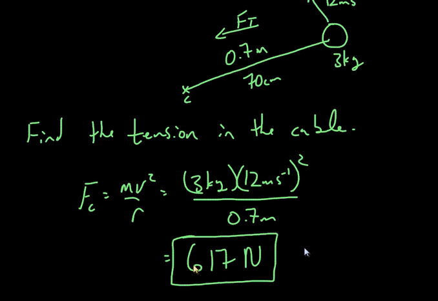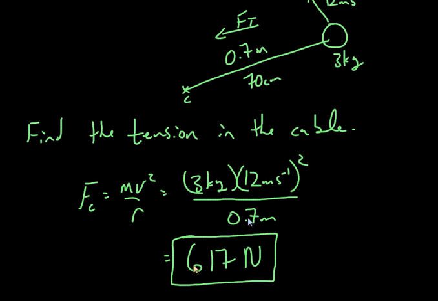Now just a couple of things to think about. Which one of these factors is going to affect centripetal force the most? It's going to be velocity, right? It acts as a square. What happens if I keep the same velocity but decrease the value of r? As r shrinks, what happens to F_c?